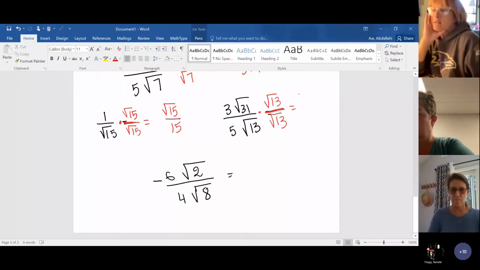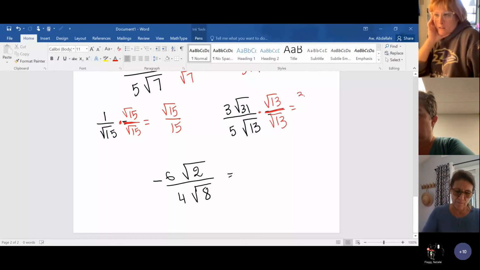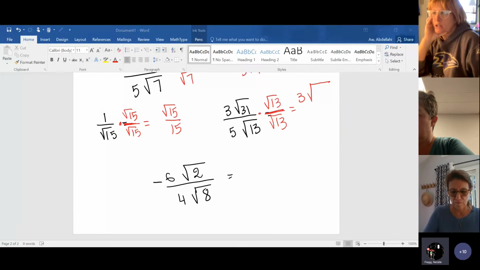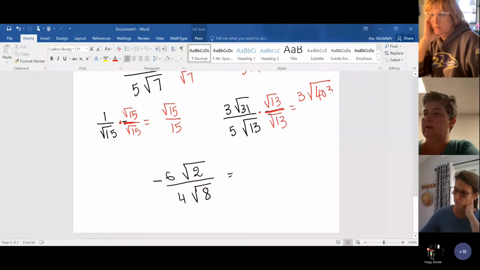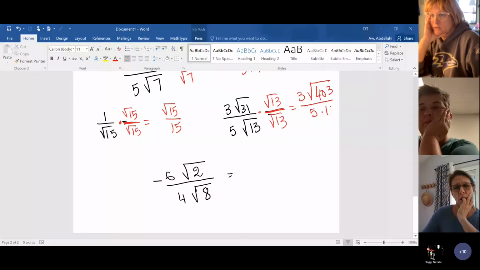So the first one becomes 3, a single square root, if I do 13 times 31. How much is that? 403. And then the denominator will be 5 times what? 13. Exactly, 5 times 13, which is 3 square root of 403 over 65.